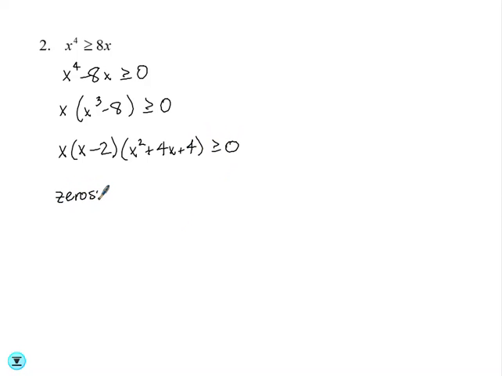If we set each of these factors equal to 0 and solve, we get x equals 0, x equals 2. This gives us complex solutions, so we don't care about that.